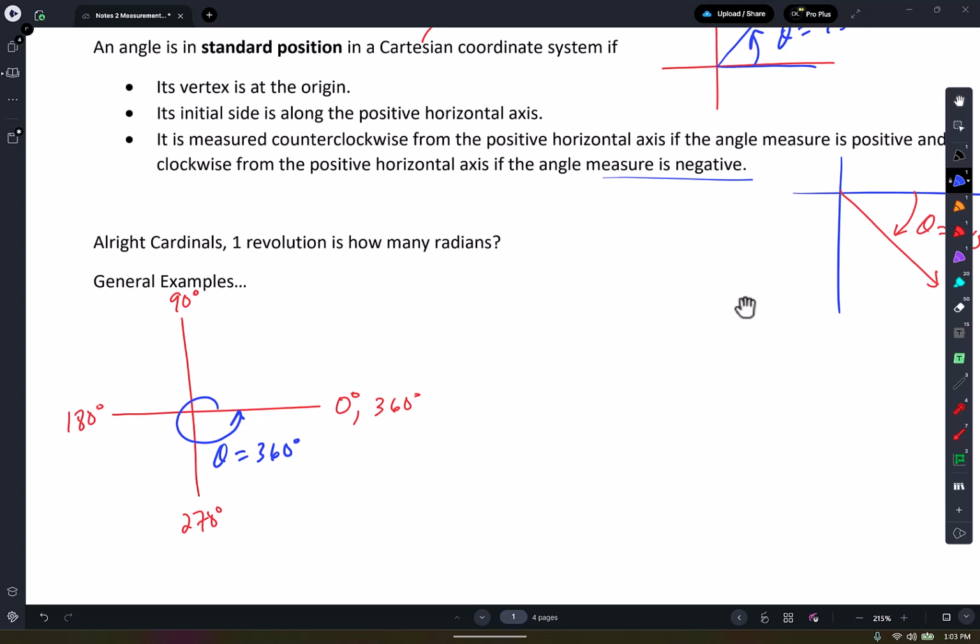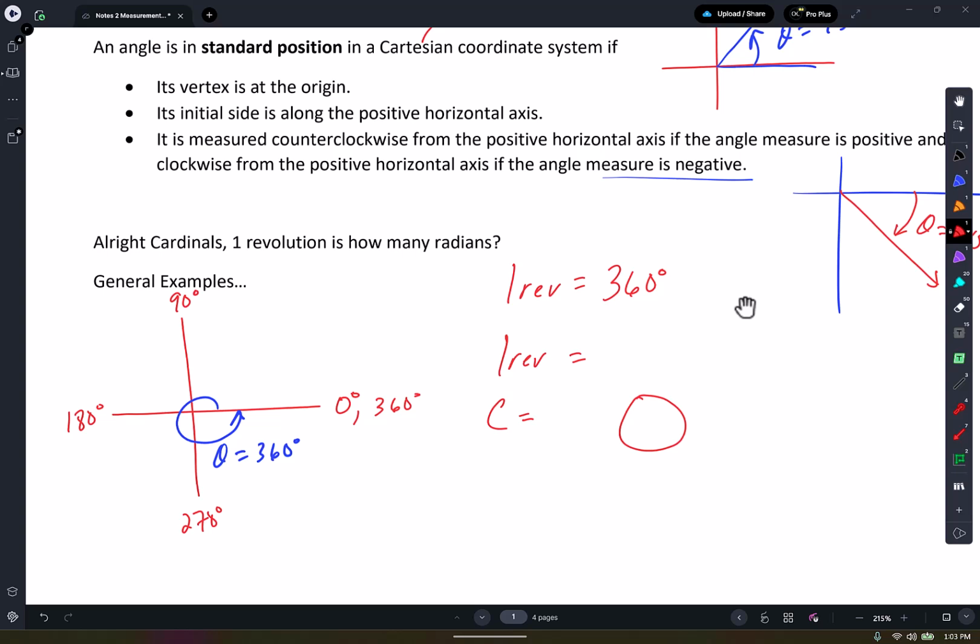Okay. In one revolution, how many degrees are there? Perfect. Yep. Have any of you been to test prep or math prep or maybe summer prep? Do you guys know what one revolution is in radians? It's okay. One revolution in radians. Do you remember what the circumference of a circle is?